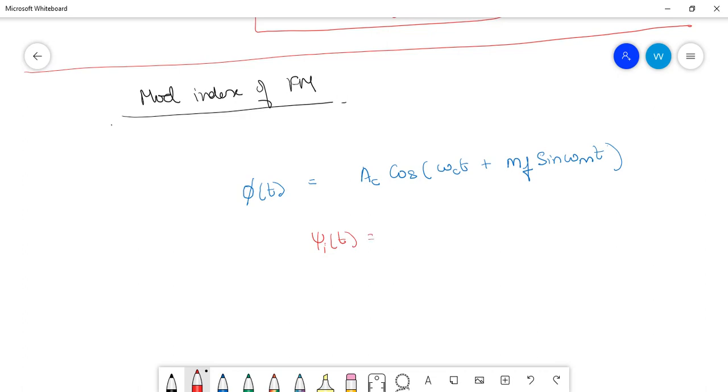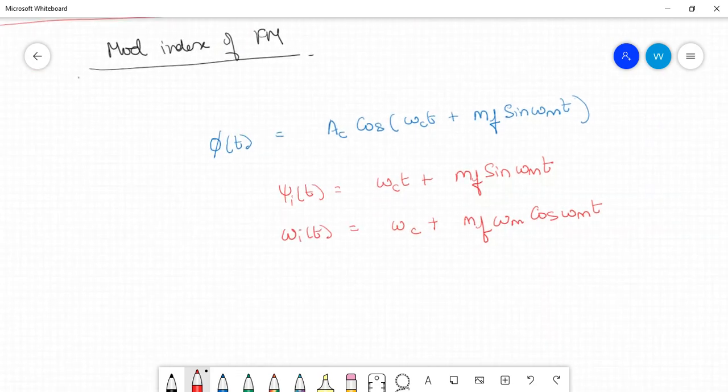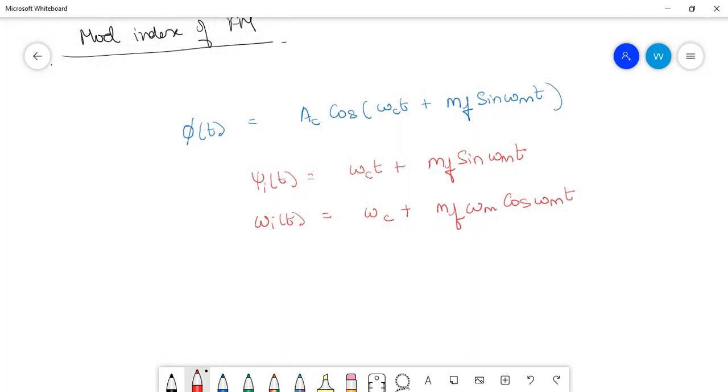Psi can be written as omega ct plus mf sine omega mt. Now if this is your instantaneous angle, what will be the instantaneous frequency? It will be omega c plus mf omega m cos omega mt. So this is my instantaneous frequency, right?